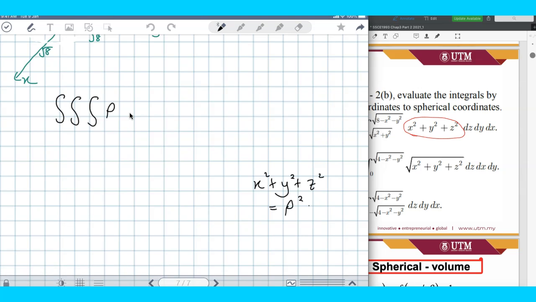So rho squared is the integrand, and dV is rho squared sine phi d rho d phi d theta. Okay, so theta is 0 to 2 pi, phi is 0 to pi over 4, and rho is 0 to square root 8. So now we can solve the triple integral.